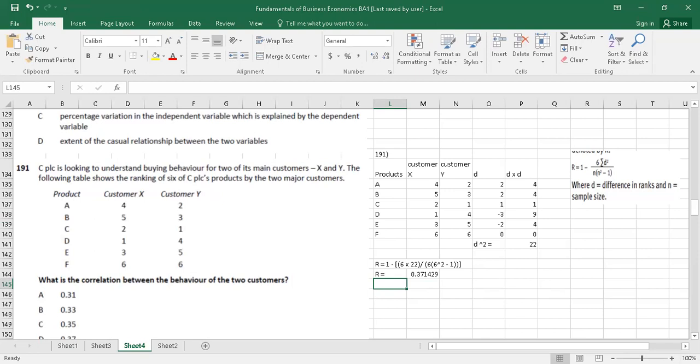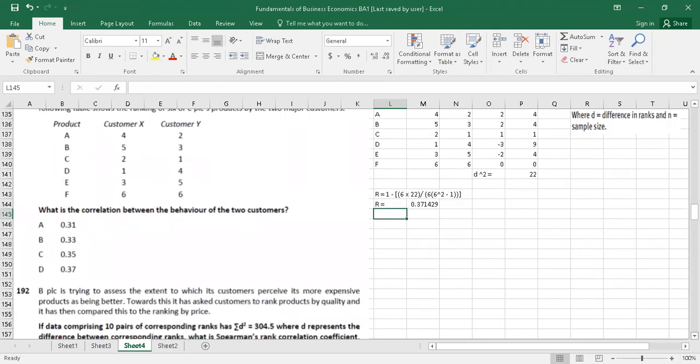So rank correlation is equal to 0.37. Yes, we do have 0.37. So this is the answer.